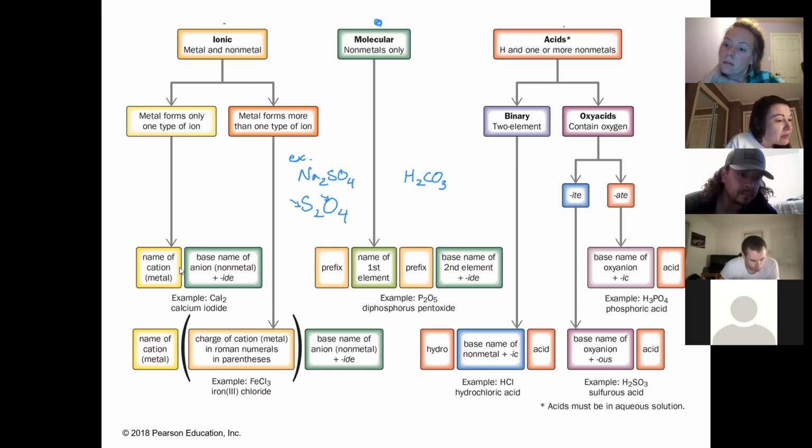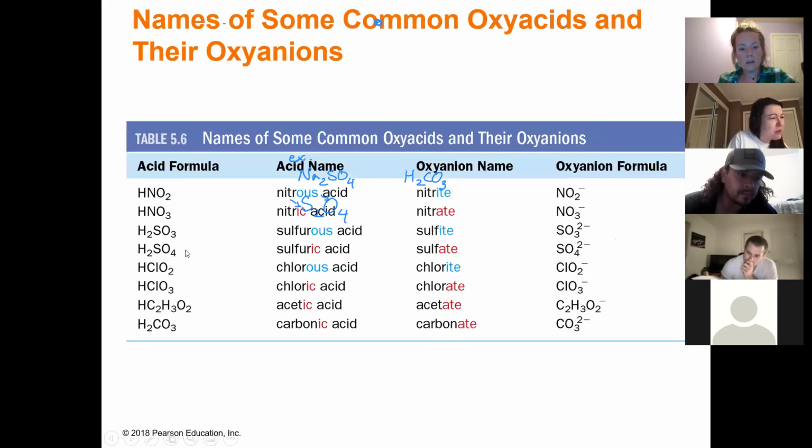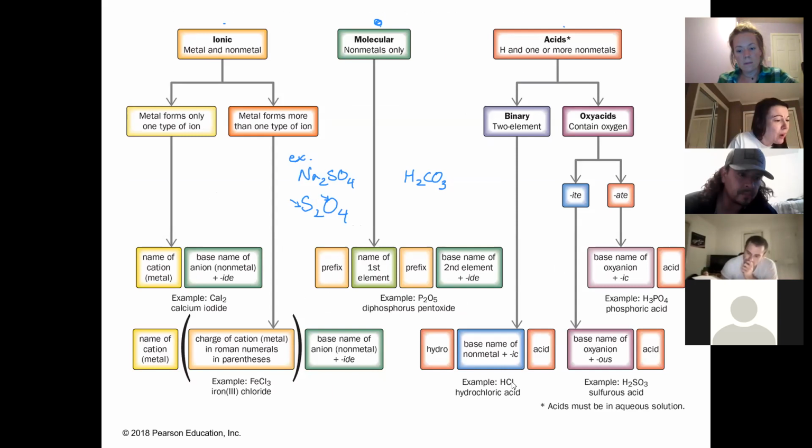I put hypochlorite, but it looks like I'm not supposed to put a 3 there. So why wouldn't I put a 3? I would want you to have a 3 on it. Okay, that's what I wondered about.